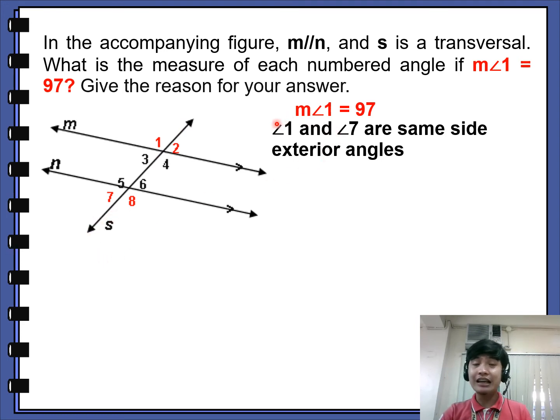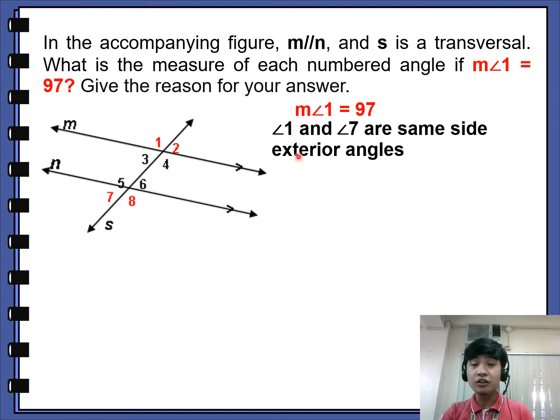So, ang next natin kailangan tandaan, dahil na-identify natin kung anong angle relationship sila, kung anong klaseng angle pair sila, kailangan natin balikan anong property ang meron kay same side exterior angles. Kung natatandaan niyo po kanina, pag sinabi nating same side exterior angles, they are supplementary. Kung sinabi natin supplementary, their sum is equal to 180.